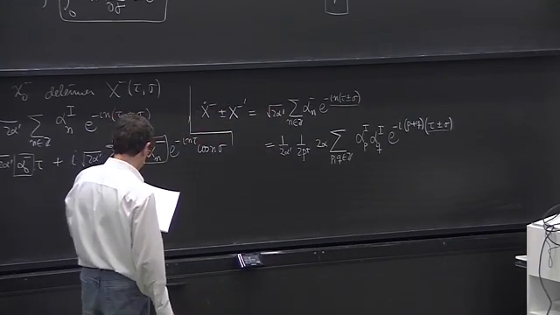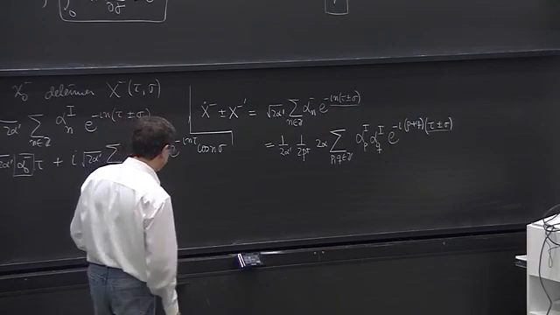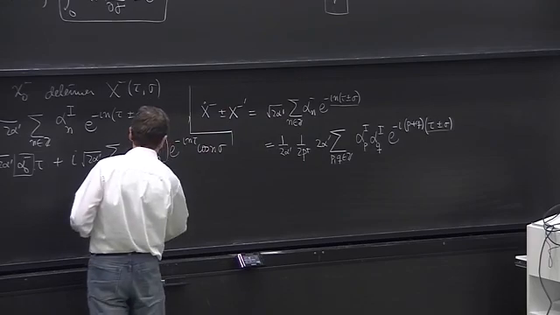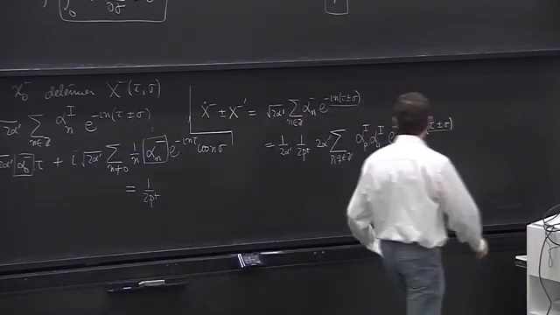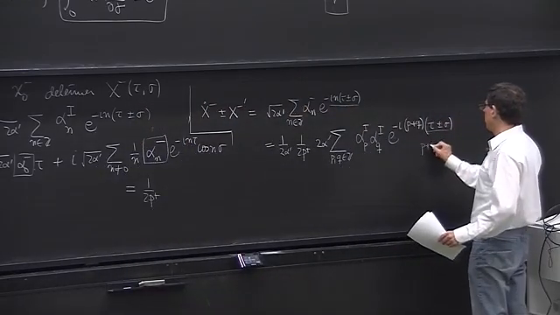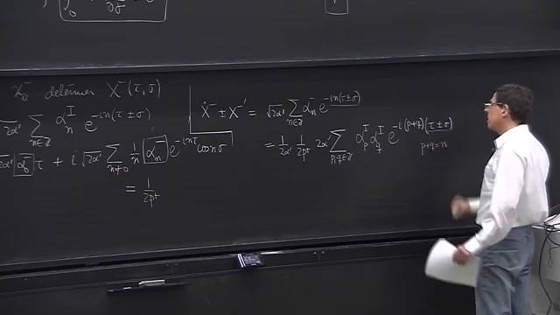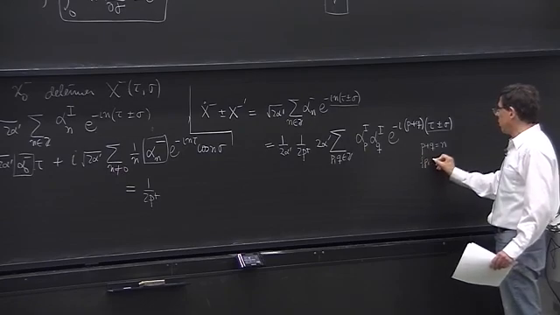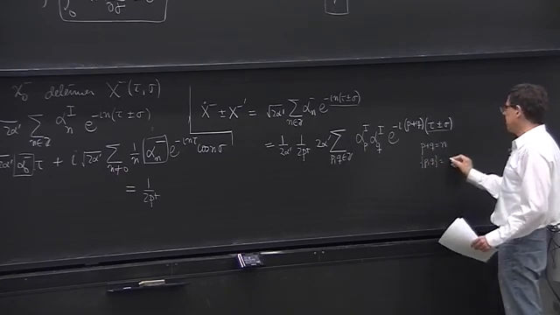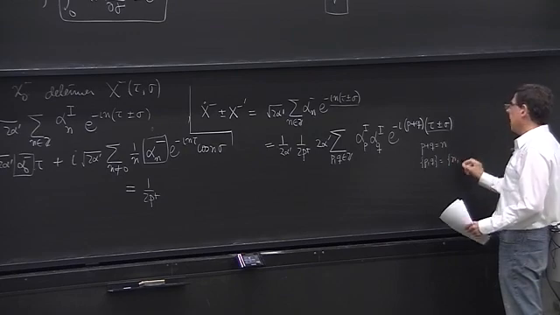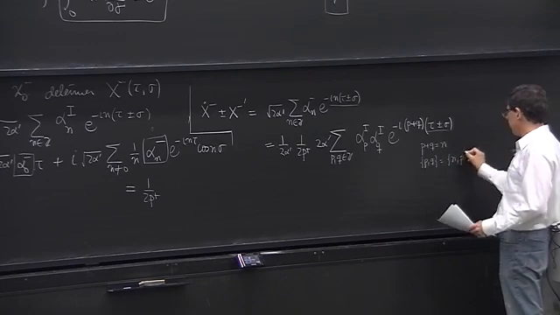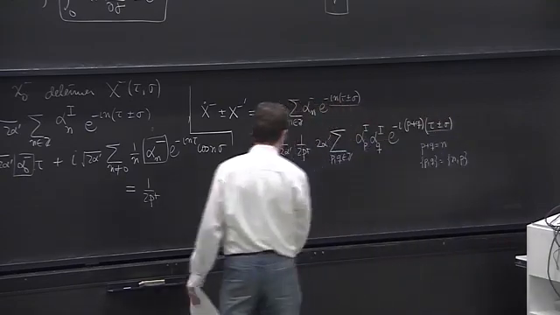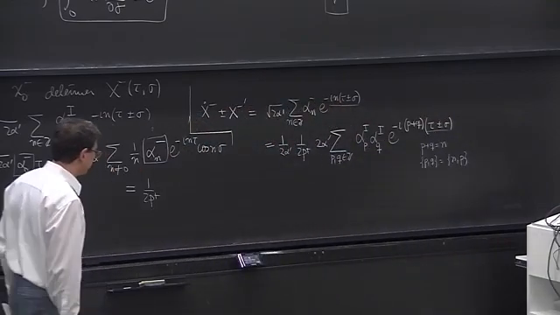The 2 alpha primes cancel, 1 over 2p plus. And what I'll do here is I'll call p plus q, I'll call it n. And I will sum, instead of summing over p and q, I will sum over n and p. So change the labels of the sum.